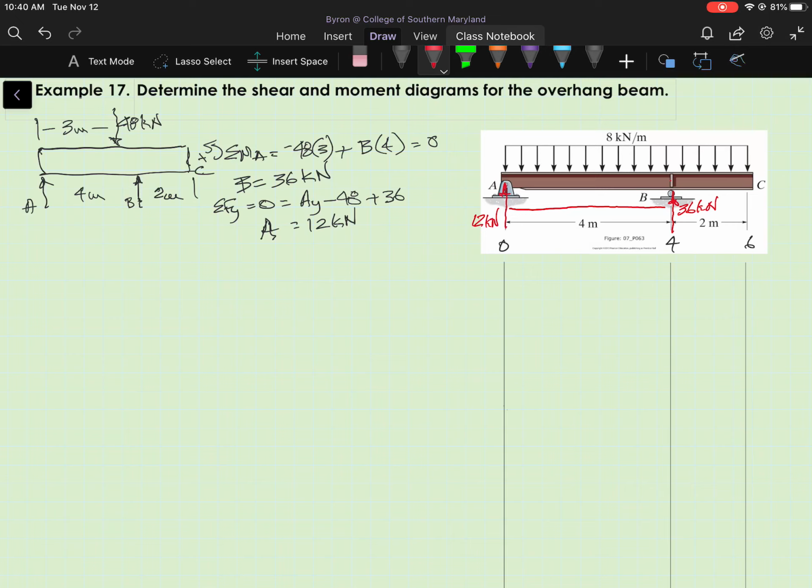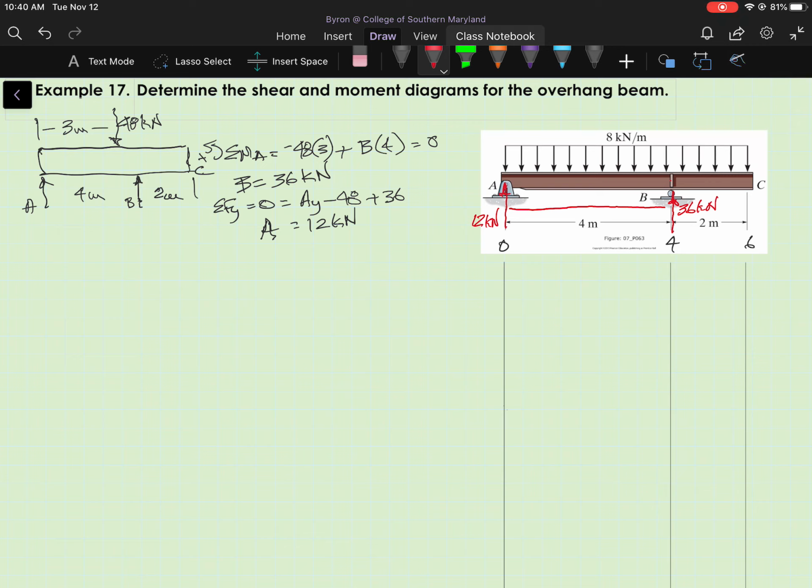So I'm going to need to create a free body diagram of the beam after taking a cut at some arbitrary point that is a distance of x from the left end of the beam between A and B, and solve for the shear and moment functions for that segment of the beam.